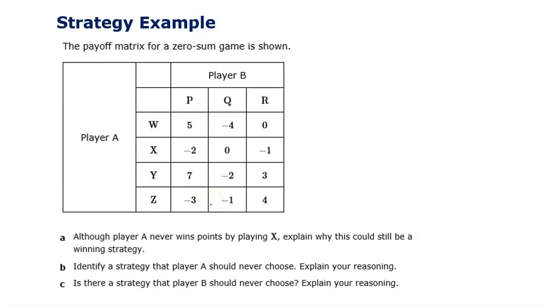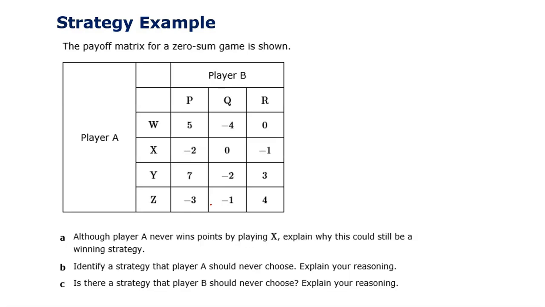So strategy. Here is a payoff matrix. We've seen these before. It's a zero-sum game, so we should by now understand what that means. The question says we've got player A and player B. What should they play?